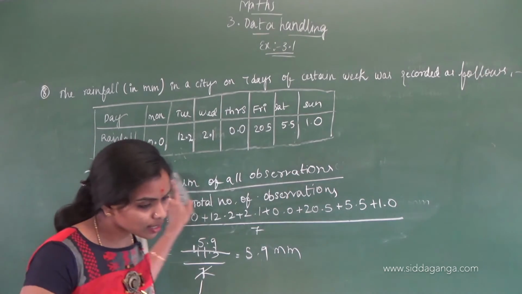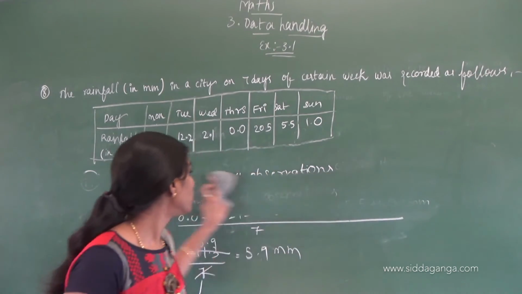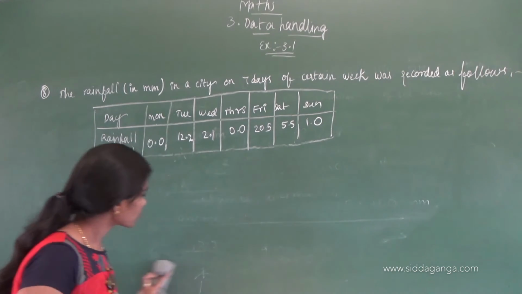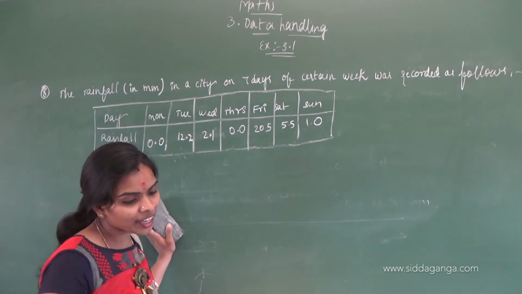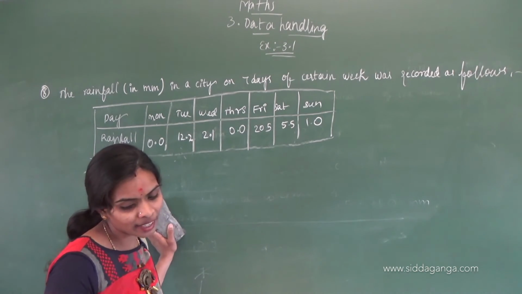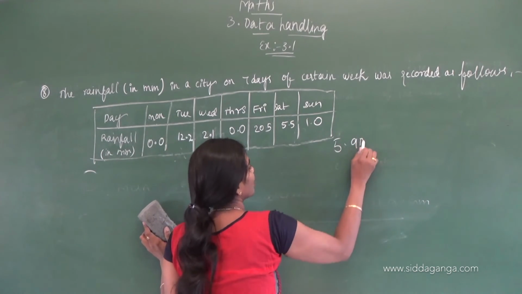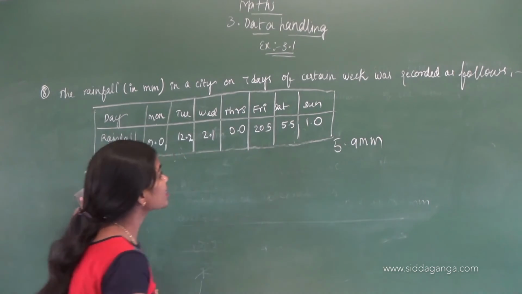Next question is, on how many days was the rainfall less than the mean rainfall? What is the mean? 5.9 mm. What they are asking?